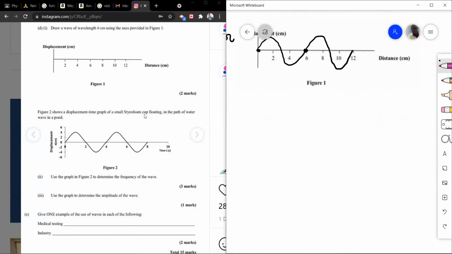Figure 2 shows a displacement-time graph of a small styrofoam cup floating in the path of a water wave in a pond. That doesn't even make sense English-wise. Use the graph to determine the frequency of the wave.